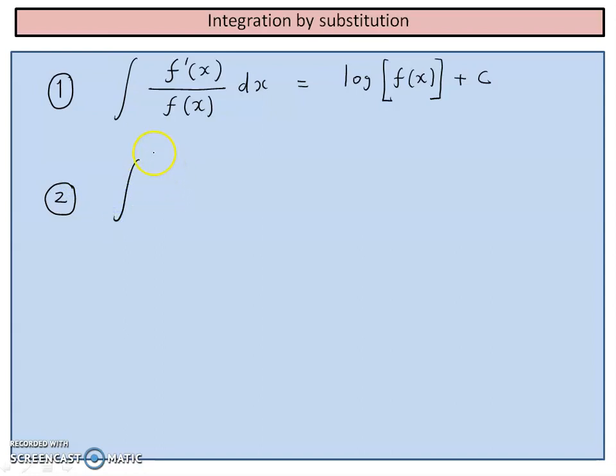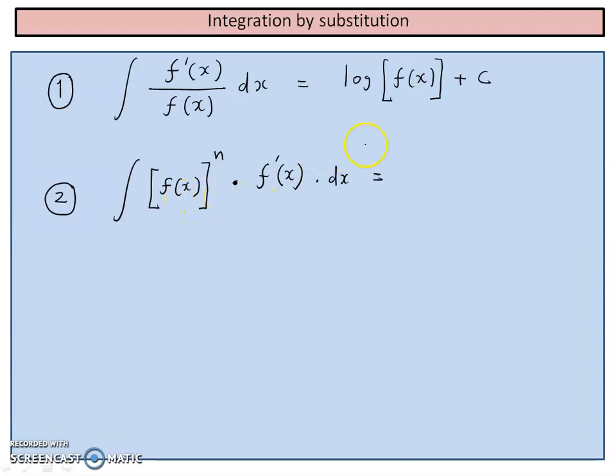Now the second formula, which you can similarly derive, is integration of function of x raised to n multiplied by f dash x. Means I have some function here, say tan x, sec x, raised to n multiplied by the derivative of this function. If it is there, then I can simply use the formula. You can try this by substituting fx equal to t.